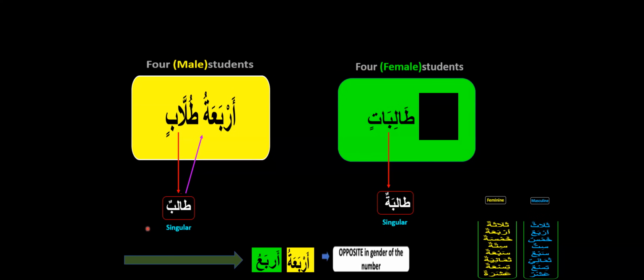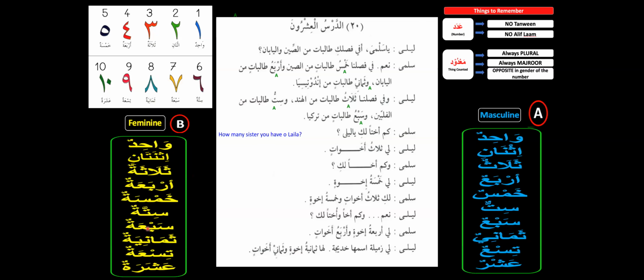Talibatun is feminine, so the number is opposite, which is the masculine number: arba'u talibat. I hope it is clear. This is what today's lesson is. If you understood that, then you understood the concept. All we have to do now is practice, inshallah.